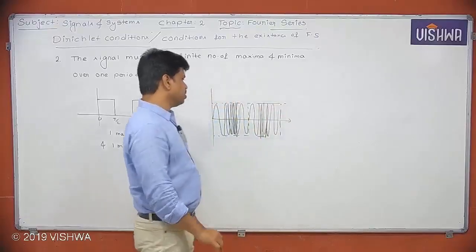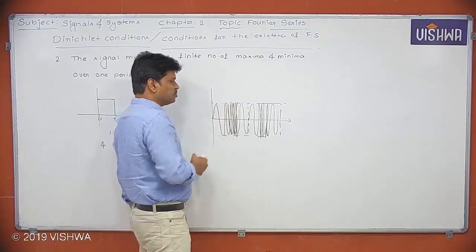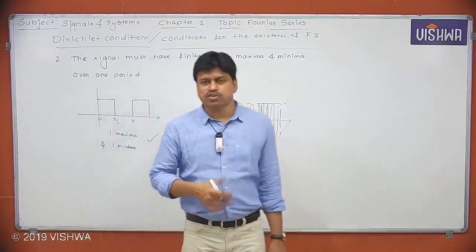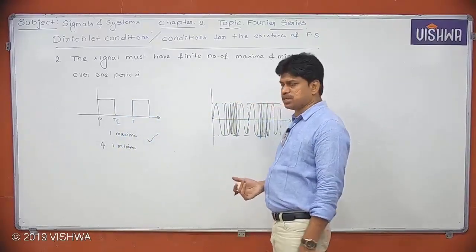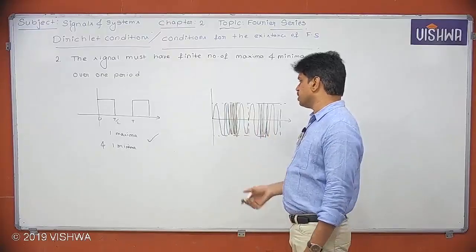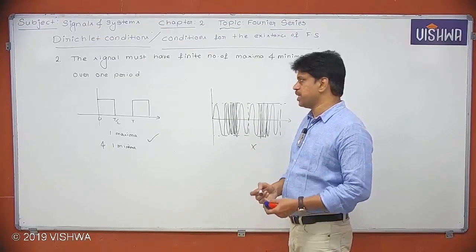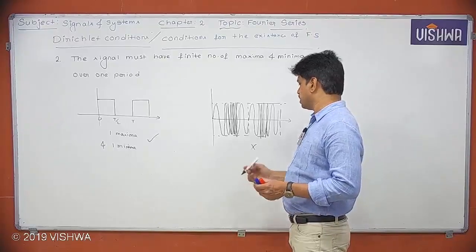So how many maximas and minimas, if you count them, will be infinite. Infinite numbers of maxima and minima are there. So definitely this is not possible for us. For this kind of wave you cannot write the Fourier series.